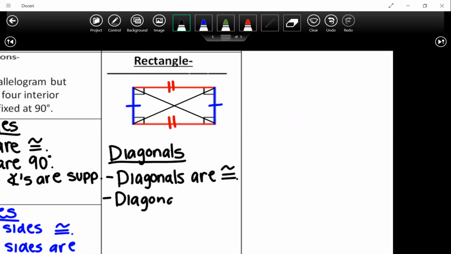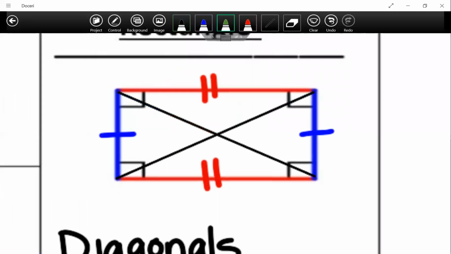Diagonals are bisecting. Meaning it splits them into 2, and we're going to write that on ours as well. 1, 2, 3. 1, 2, 3. And the fact is we know that since they're congruent, all these parts are also congruent.